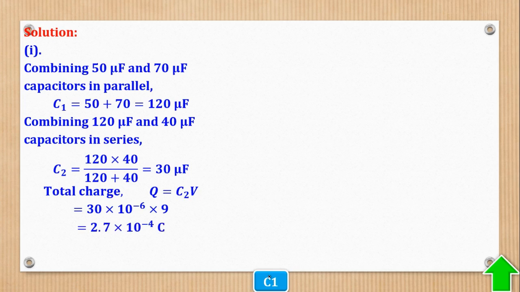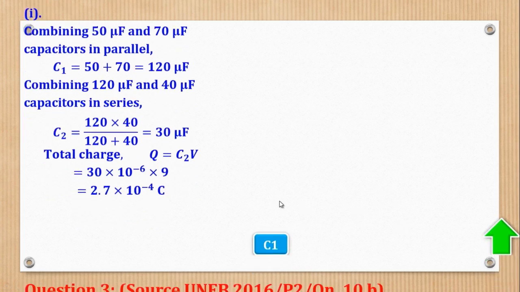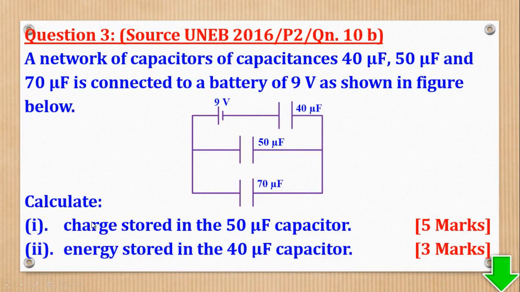After getting the total charge, we shall go back to the question. The question wants the charge stored on the 50 microfarad, so they want the charge at this point. Now the good thing, we already know the capacitance, but we don't know the PD, and we also don't know the charge which they want.